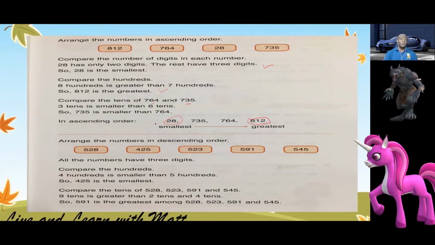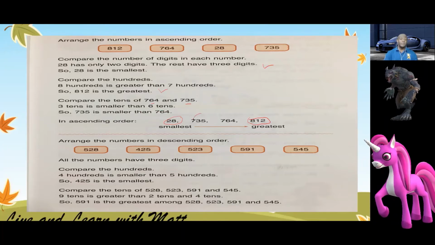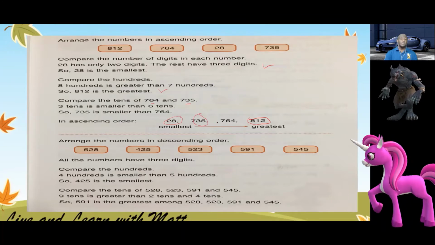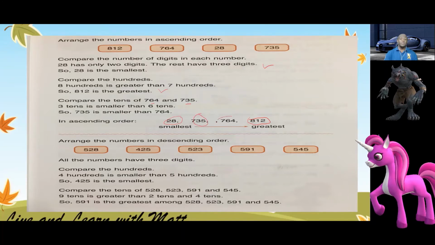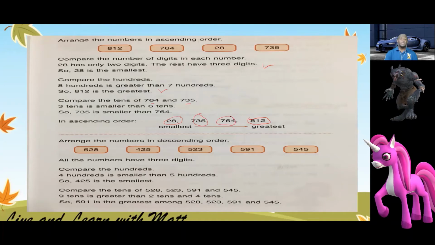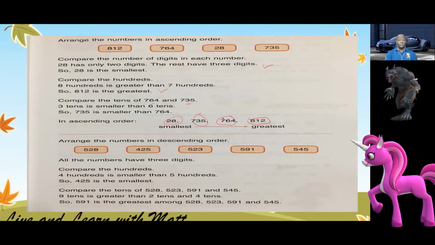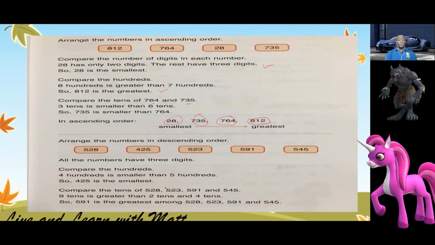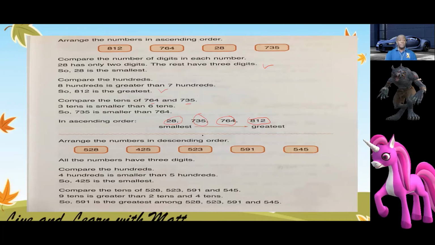So therefore, 735 is the next number, and 764 is the next number. So we arrange it from the smallest to the greatest in ascending order.